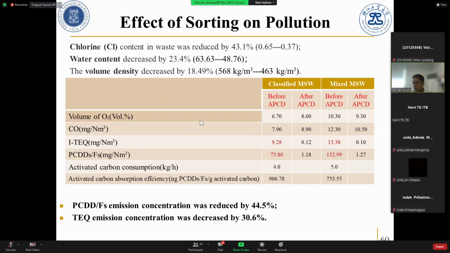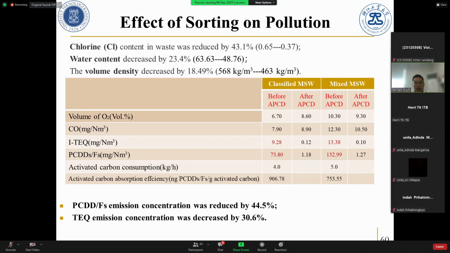And of course, sorting can reduce emissions. From a publication, it can reduce dioxin by 44.5%. Of course, the moisture and the chlorine can decrease. So it's good, and it can also increase the operation hours.